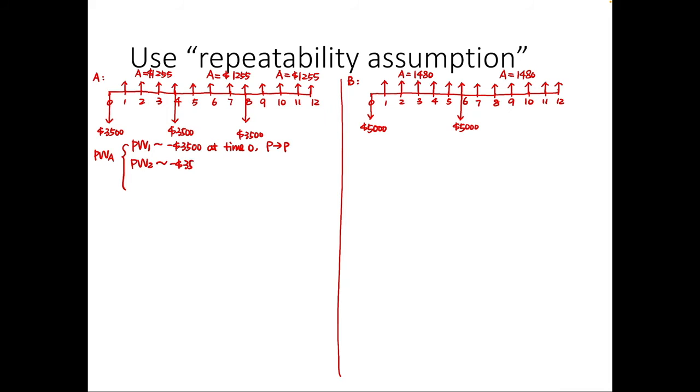PW2 is the other 3,500, but it's at time 4, so it's a future value want to be converted to present value.